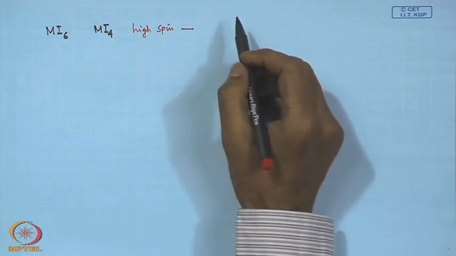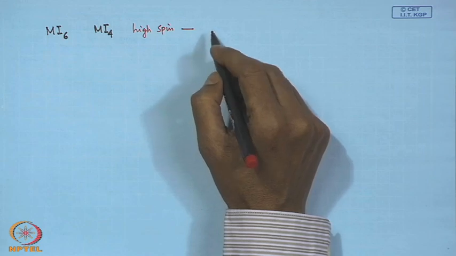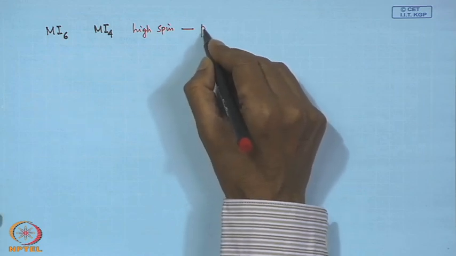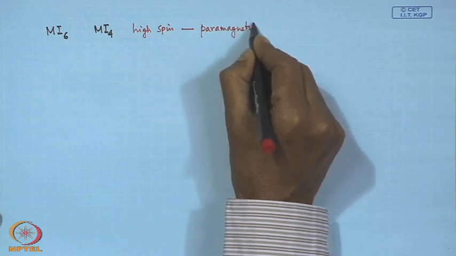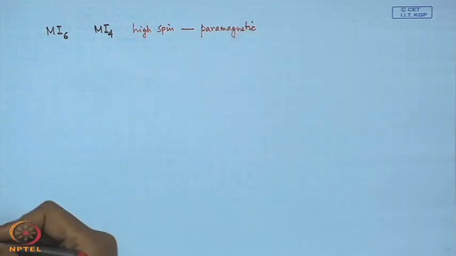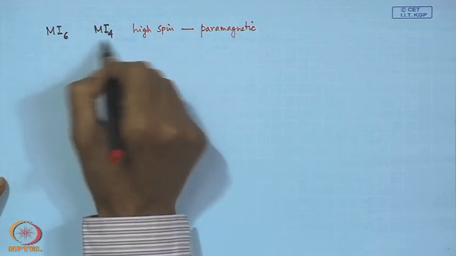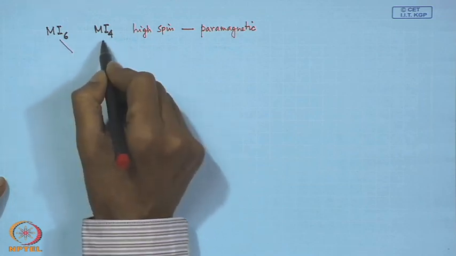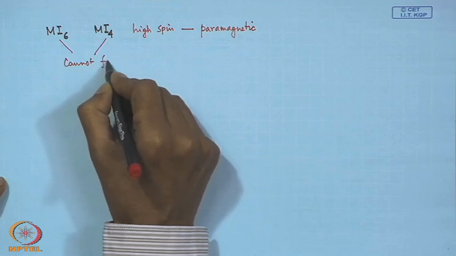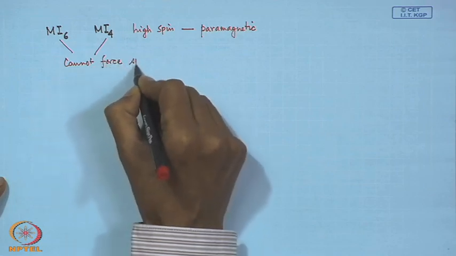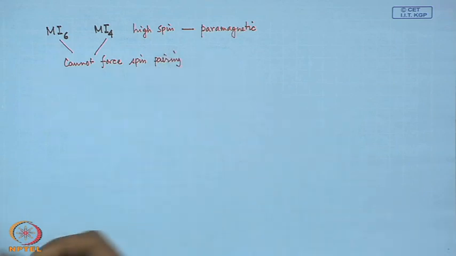Since it is high spin, we have a large number of free spins present in the complex, and that is why the compounds would be paramagnetic. Since free spins are available, the I minus ligands, the iodide ligands, cannot force spin pairing.